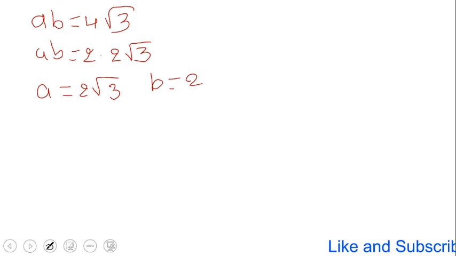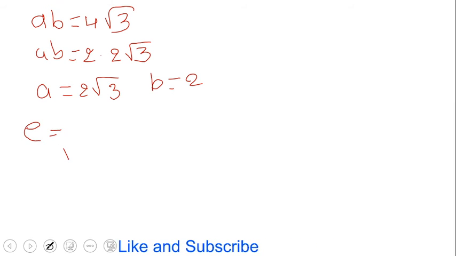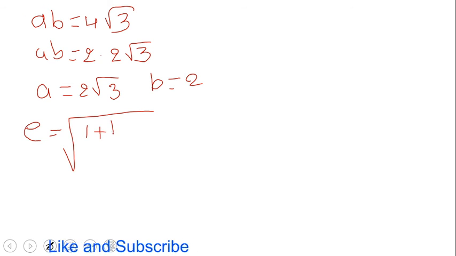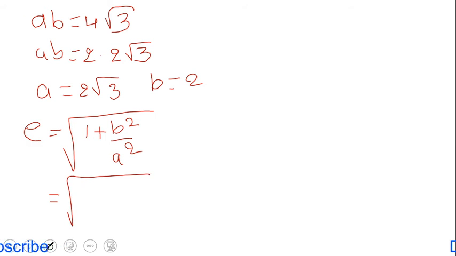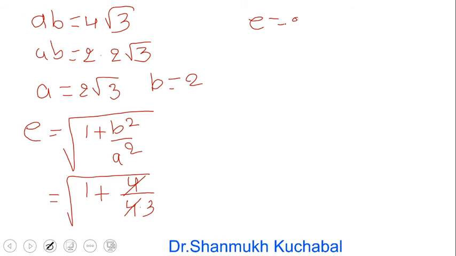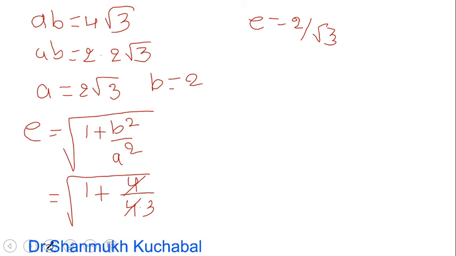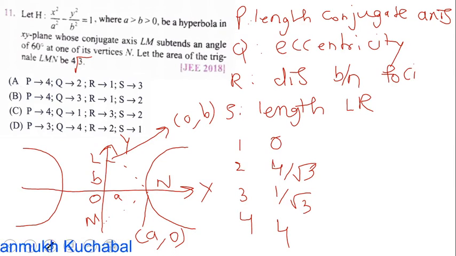Then I use the relationship between eccentricity and A and B, given by the formula E equals root of 1 plus B square by A square. Substituting B and A, 1 plus 4 divided by 4 into 3. The 4 gets cancelled. So simplifying, we get E as 2 by root 3. So the eccentricity is 2 by root 3.